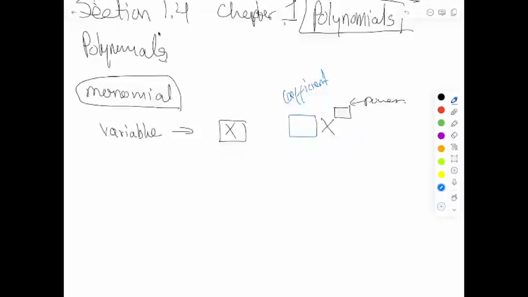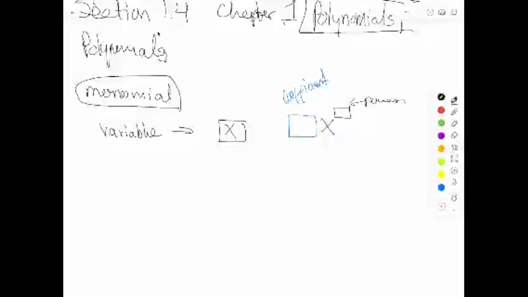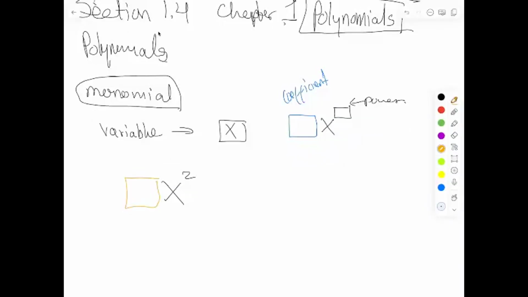Now, when we have a monomial such as x to the second power, in front of it, what's in front of the variable? The coefficient. And this value, if it's not there, is going to be a 1.